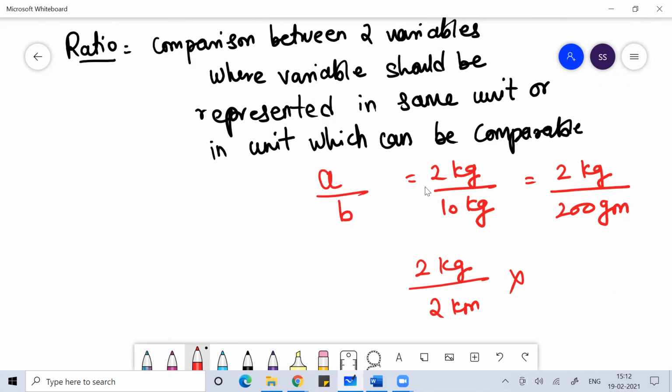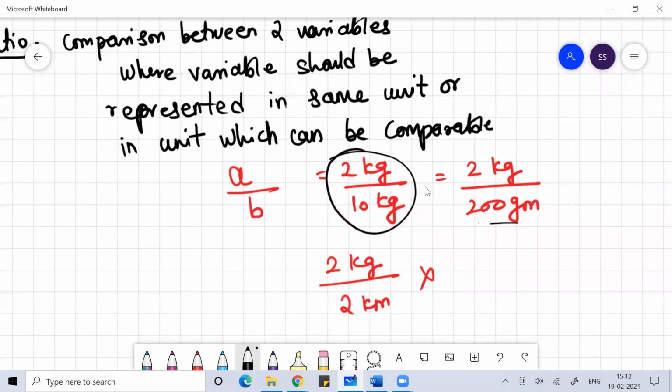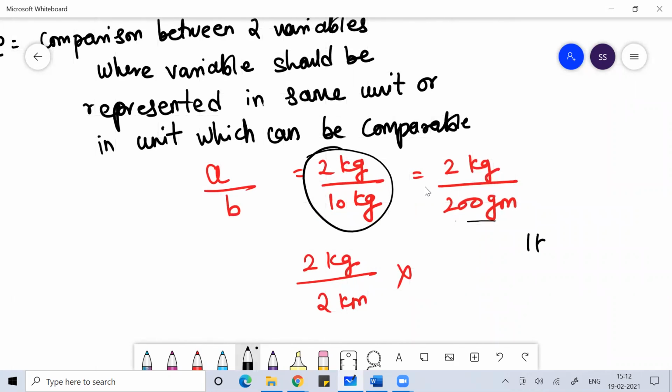Otherwise, if both of them are in the same unit or in a unit which can be comparable, like 1 kg is equal to 1000 gram, so I can write 2 kg is equal to 2000 gram.